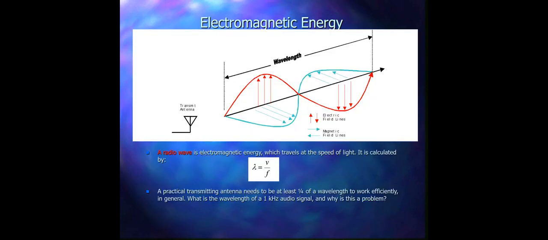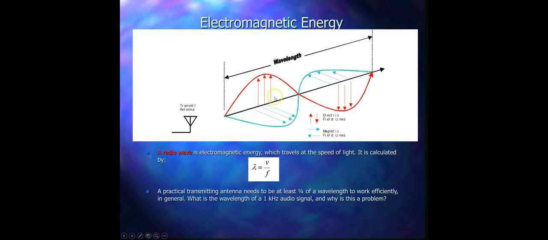Now here we have electromagnetic energy, and the picture you see here represents the electromagnetic wave in space, and this represents the wavelength. The wavelength of an electromagnetic wave is the distance that the wave travels in one cycle. This electromagnetic wave consists of an electric and a magnetic field. The electric field lines are represented by this red color, and the magnetic field lines by this greenish blue color.